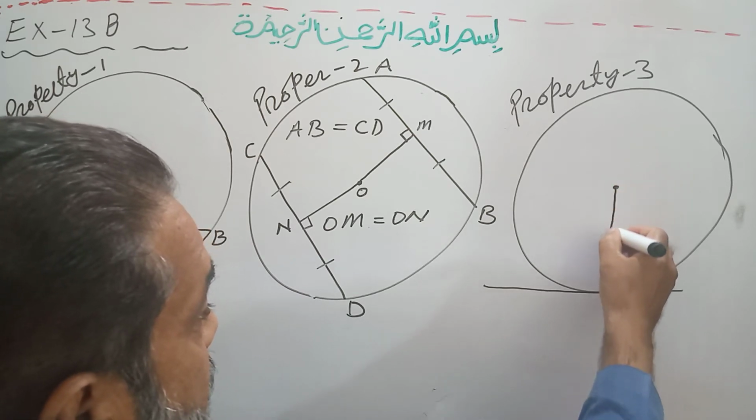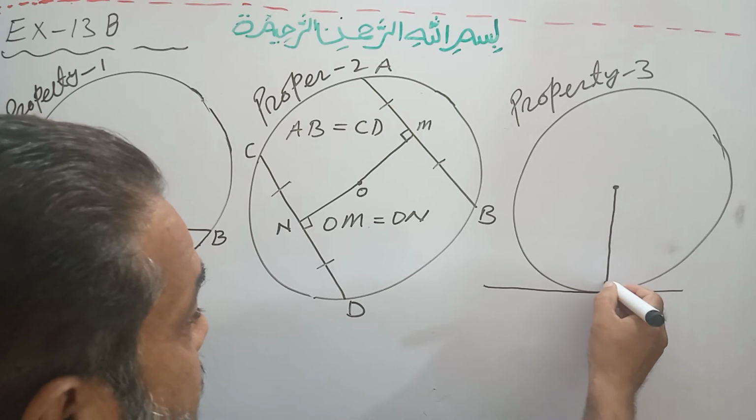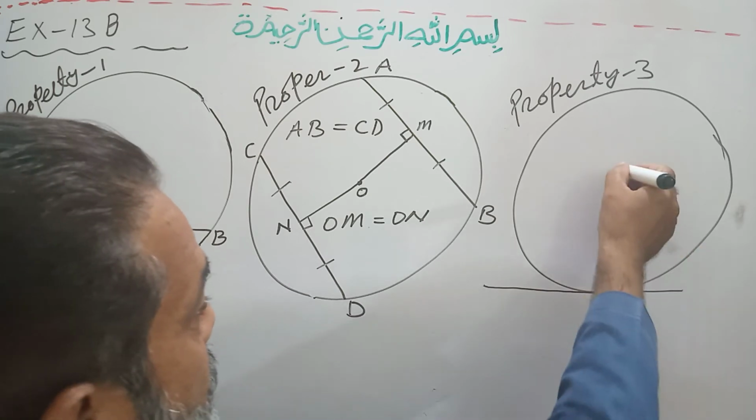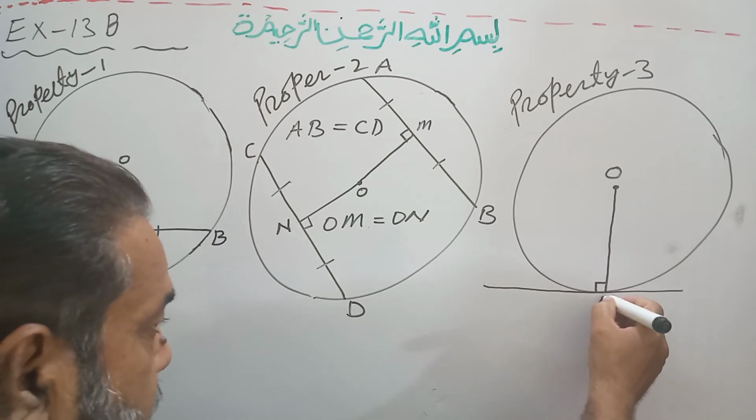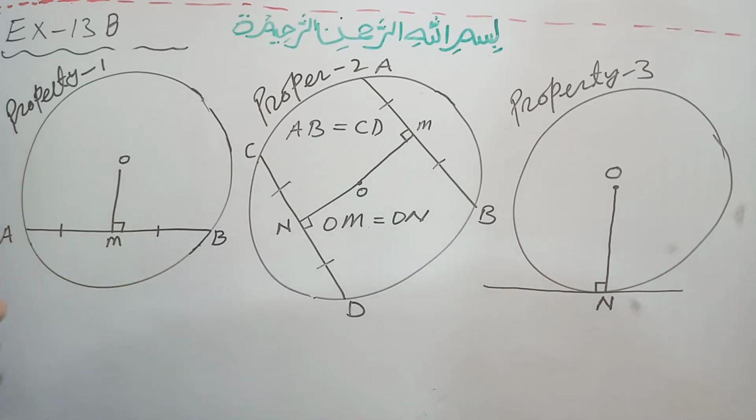This means the radius makes a right angle with the tangent. O is the center of the circle and this is ON, perpendicular to the tangent.